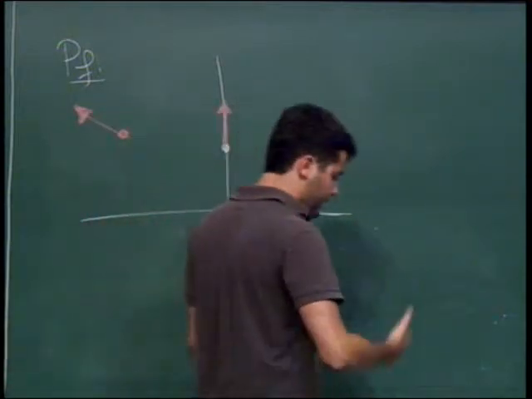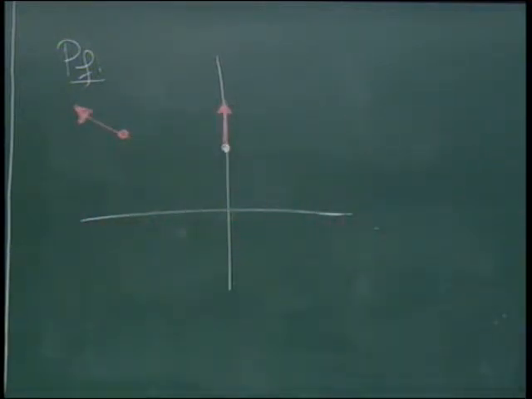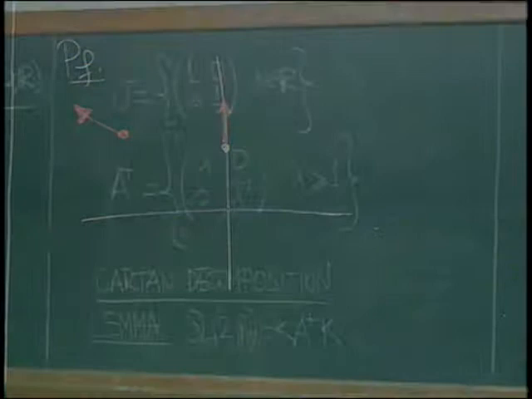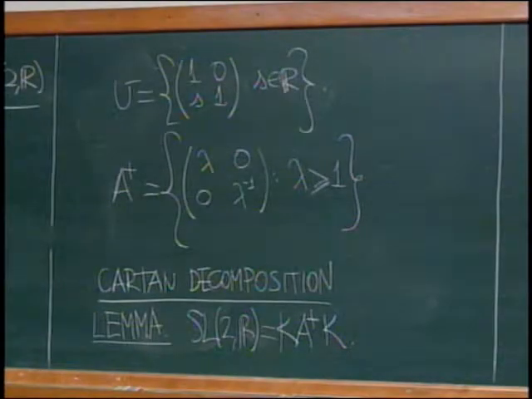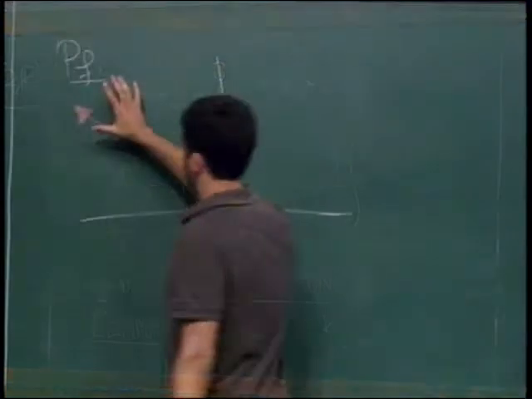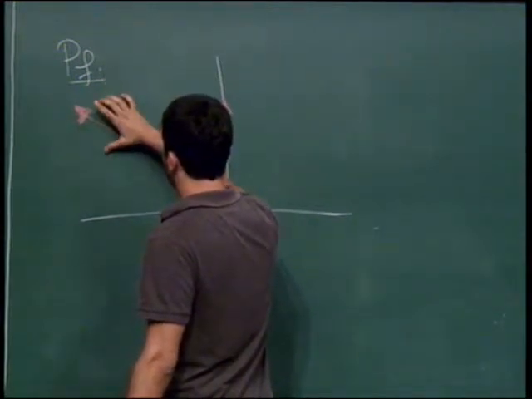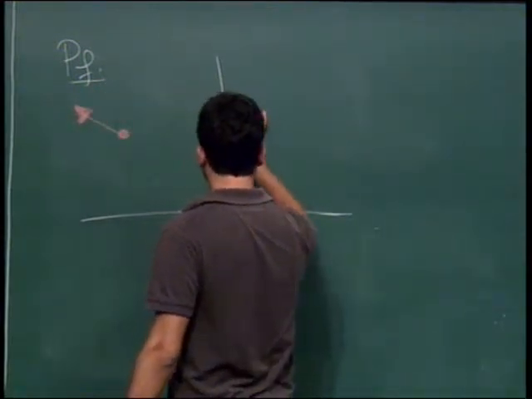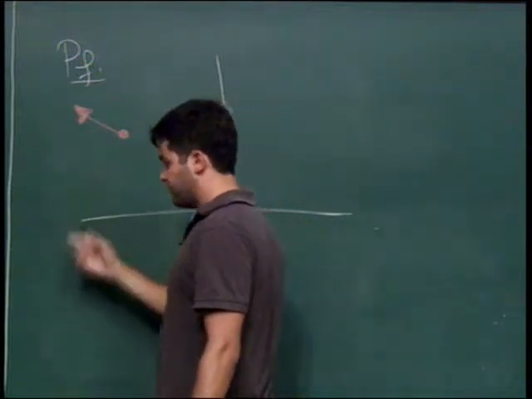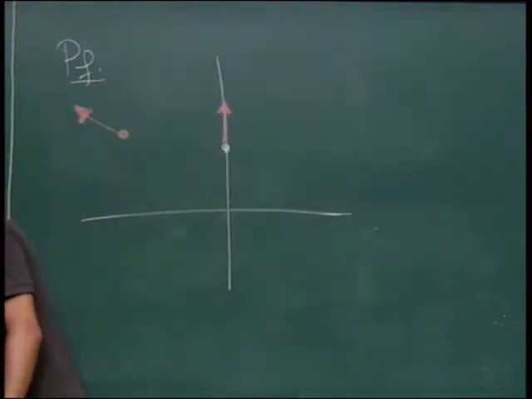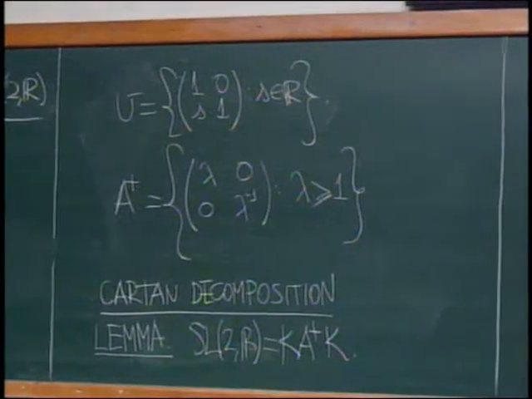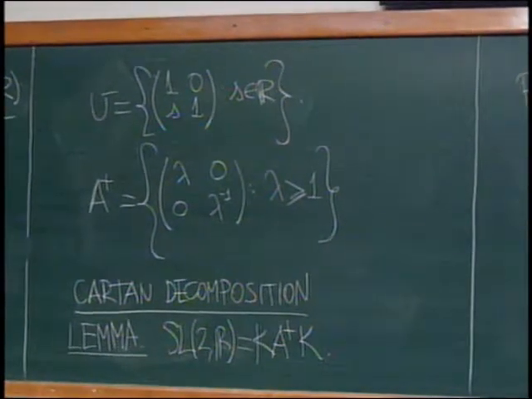So by looking at the action of SL2R on the hyperbolic space, we are going to be able to check that equality. So now the goal is to learn how to get any vector in the unit tangent bundle and send it by successive iterations of an element of K, one of A plus and one of K. So how do we do that?